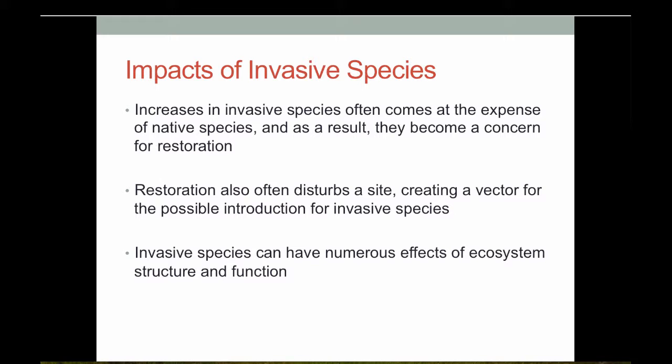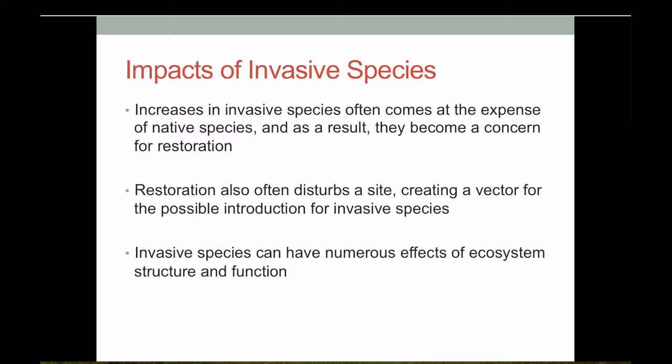And so when we have invasive species introductions into these areas, we often find that they're going to increase in dominance and abundance at the expense of the native species that we're really trying to focus in on in terms of restoring their numbers or restoring the structure and function that those native species actually provide.